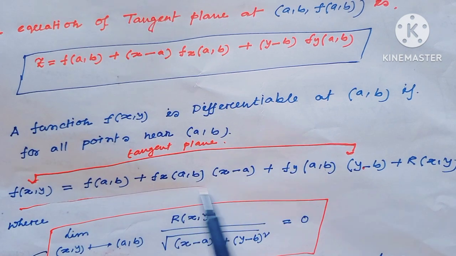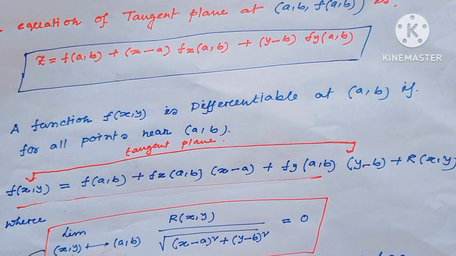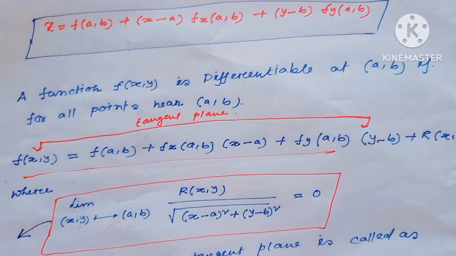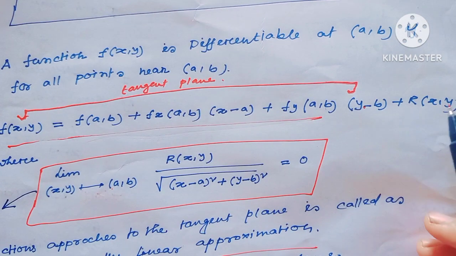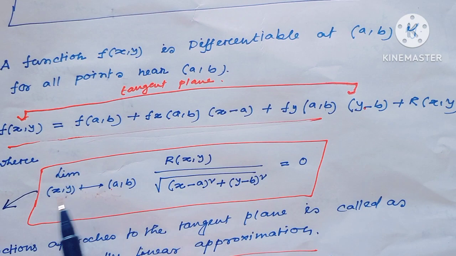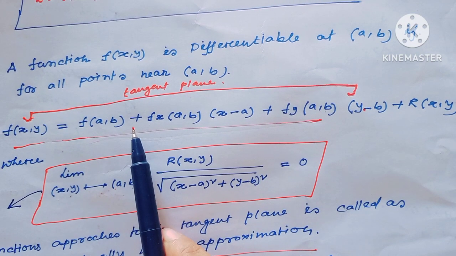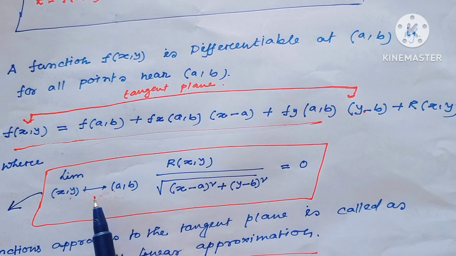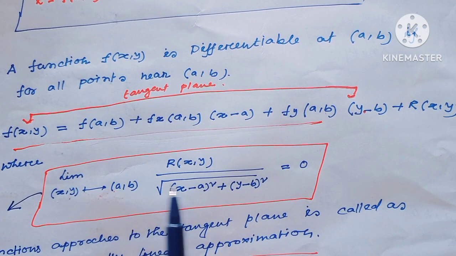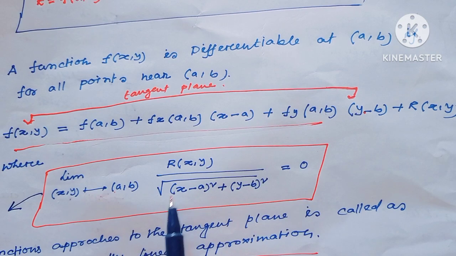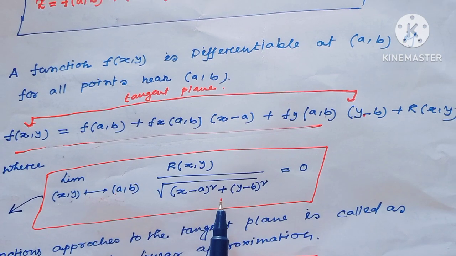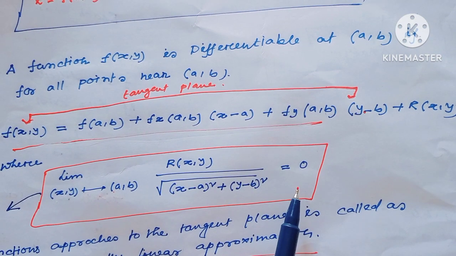Obviously this is the equation of the tangent plane, where the error term is r(x,y). Since f is differentiable at the point (a,b), the limit as (x,y) goes to (a,b) of r(x,y) divided by the square root of (x minus a) squared plus (y minus b) squared is equal to 0.